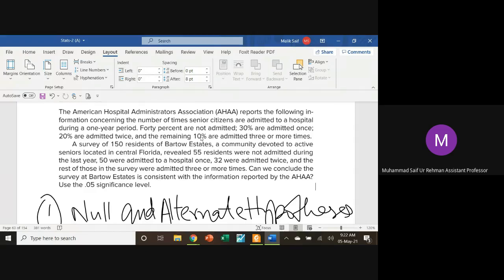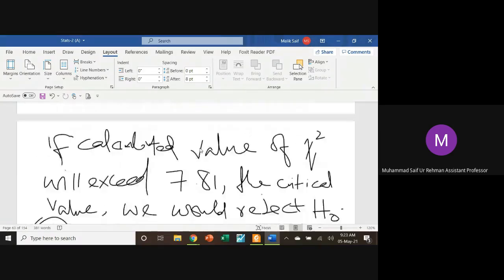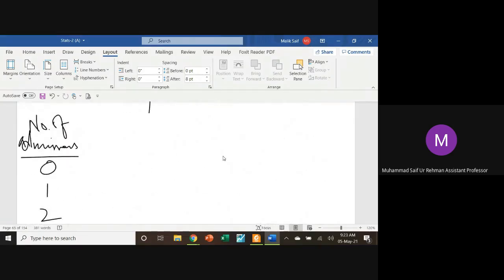So basically these are the relative frequencies. You have to write down these relative frequencies over here. For no admission, 40%, so you may write 0.40 or 40%, in which case you would have to put the percentage sign.